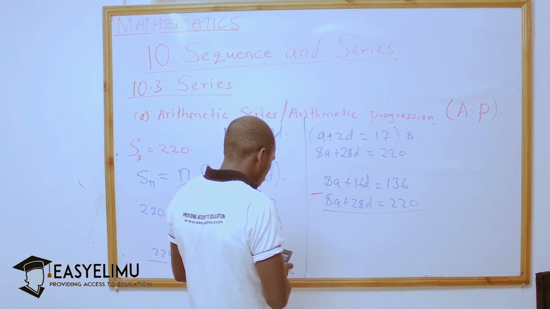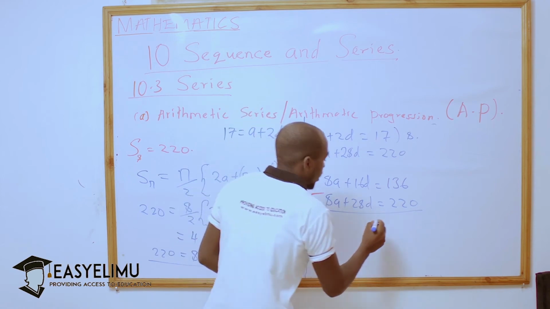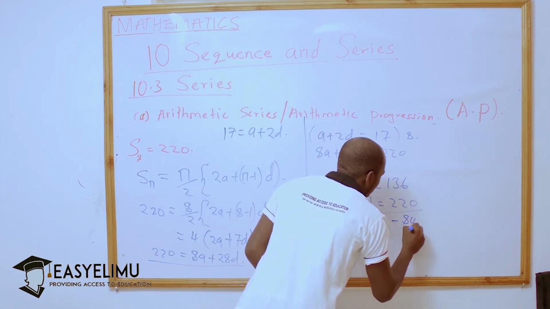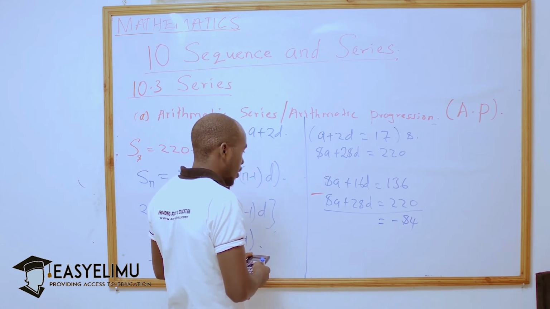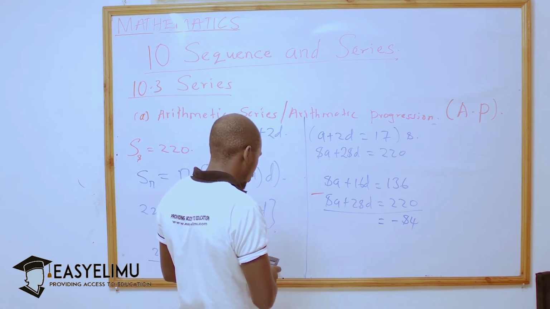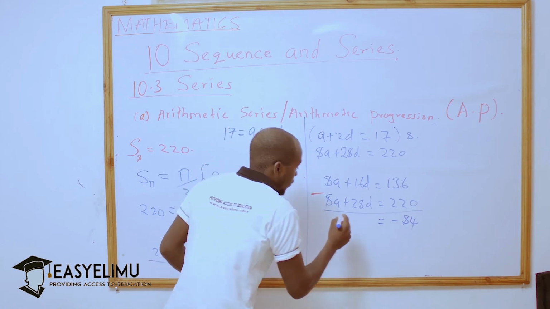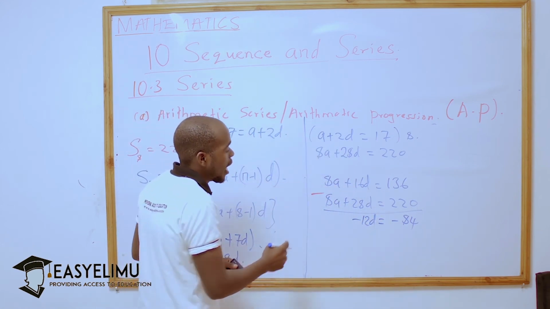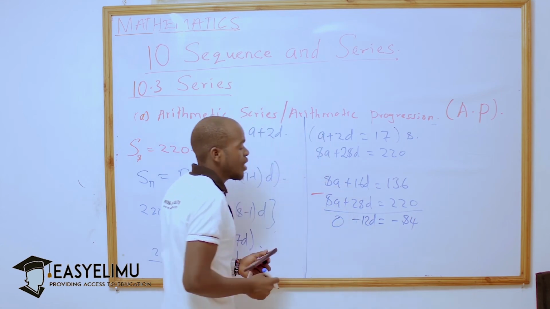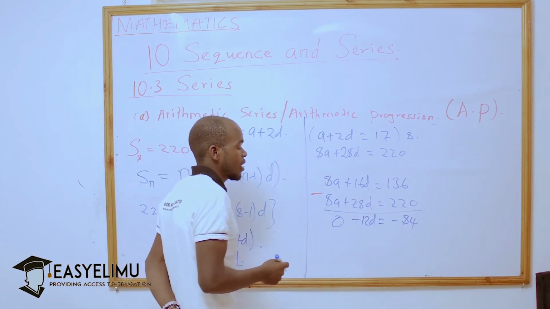If I take 136 minus 220, I am going to get negative 84. And here 16 minus 28, I'm going to get negative 12, so this one gives me negative 12d, and here I'll get 0. So 0 minus 12d equals negative 84.